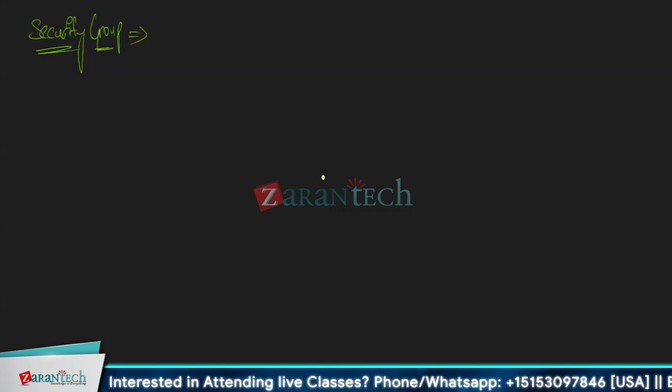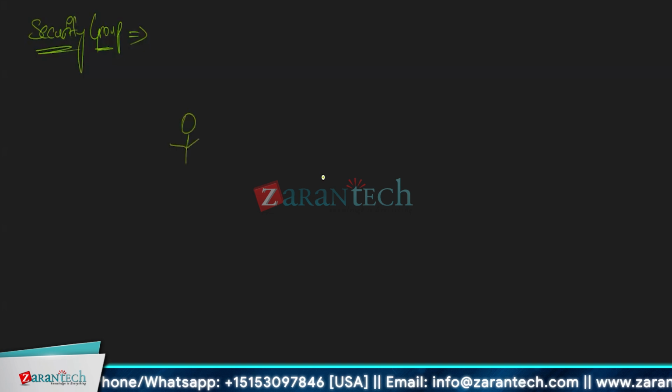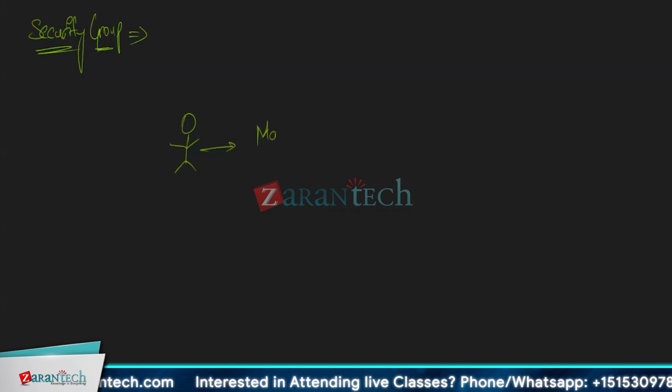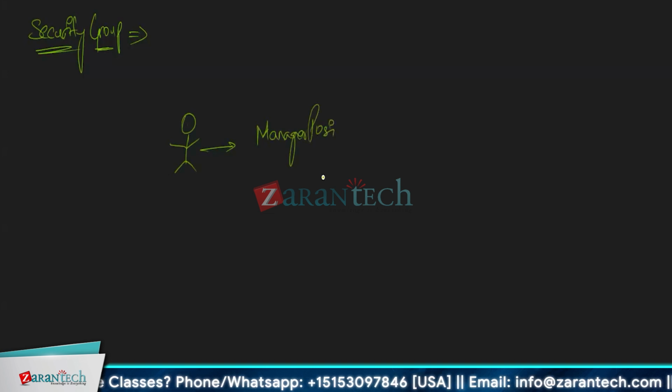So let us take an employee. So this is an employee in Workday that you hired. This person is currently hired into a manager position. Now you would have to provide this person all those access that are manager related.